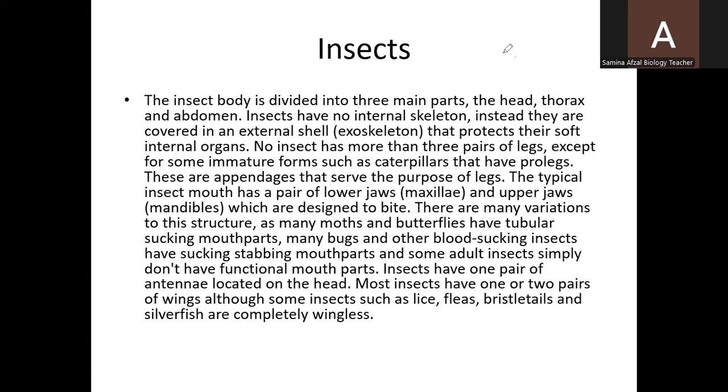And students, the insect body is divided into three main parts: head, thorax, and abdomen. Insects have no internal skeleton. Instead, they are covered in an external shell.